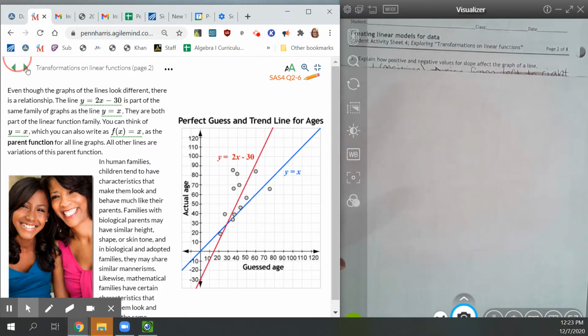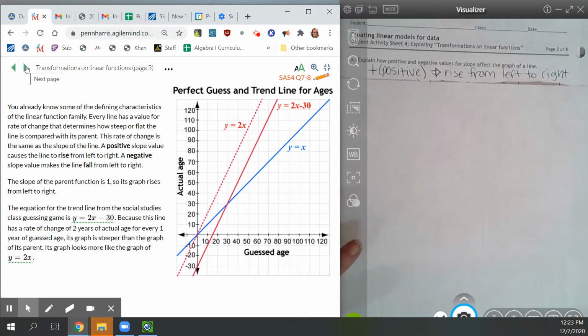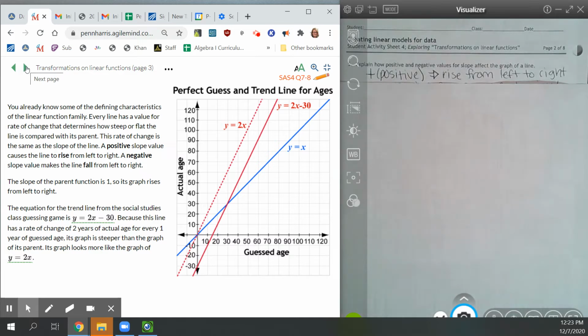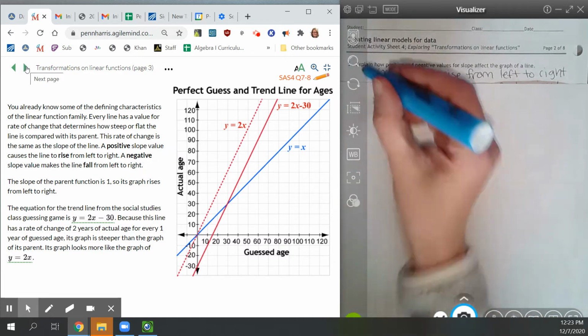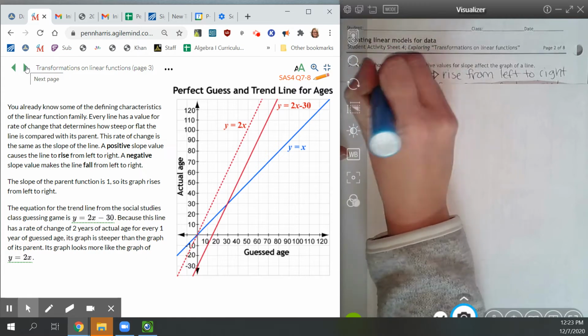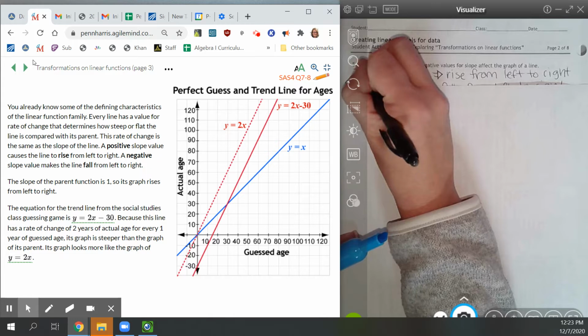Okay, so now let's talk about how positive and negative values for slope affect the graph of a line. Again, this is a reminder, guys. A positive slope rises from left to right. And in case you still haven't gotten this yet, that means it looks something like this.